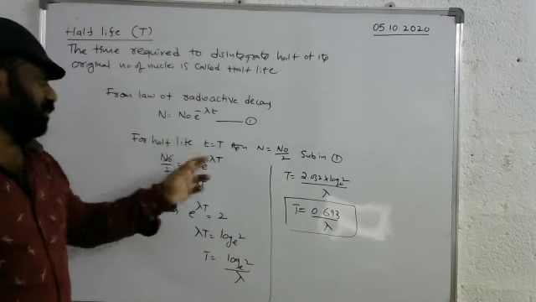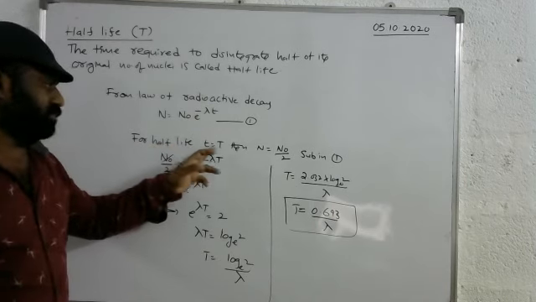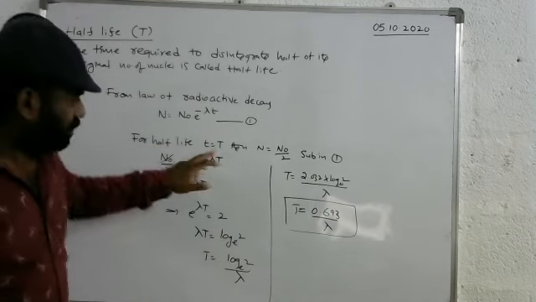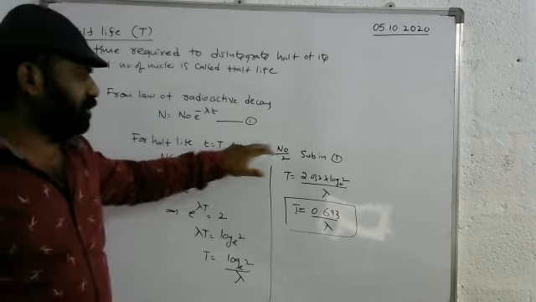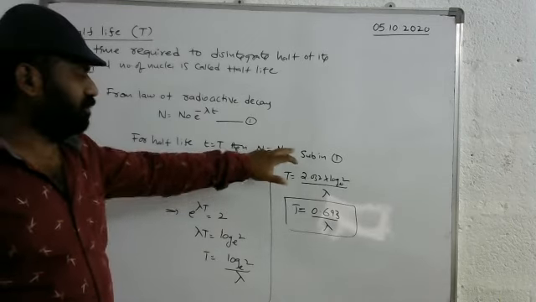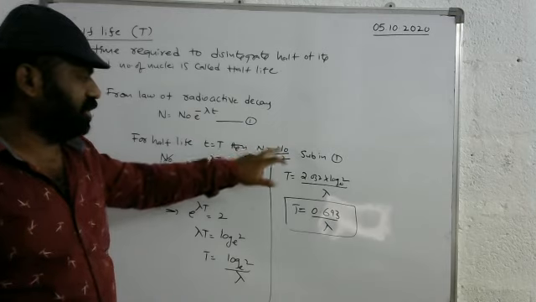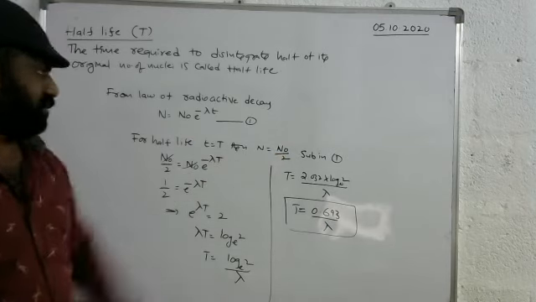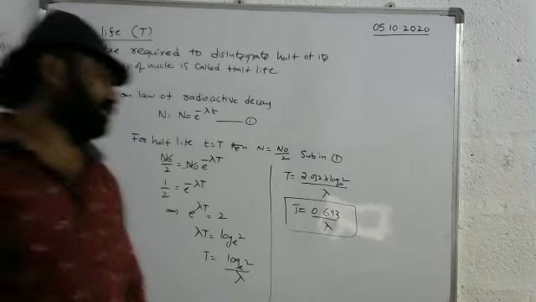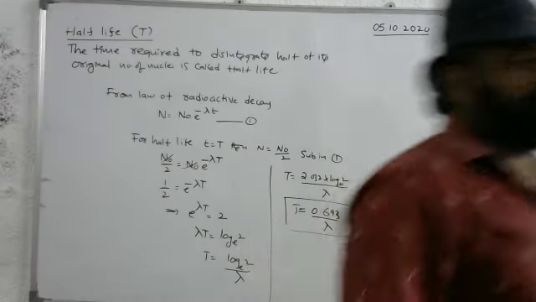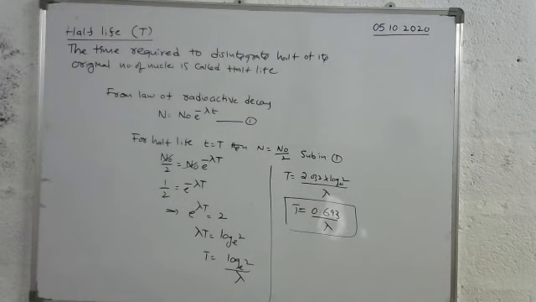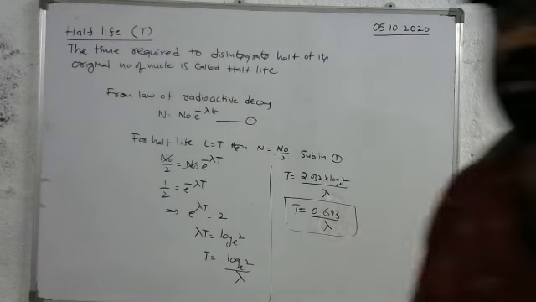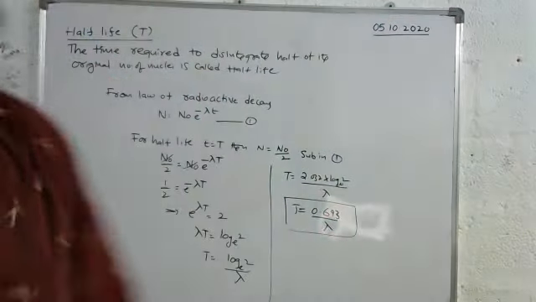For the half-life period we put t equals capital T. Then at the half-life period the number of nuclei becomes half of the original, so N equals N naught by 2. Substituting these values in the above equation we get T equals 0.693 by lambda. This is about half-life. Next we move to the next topic, average life.